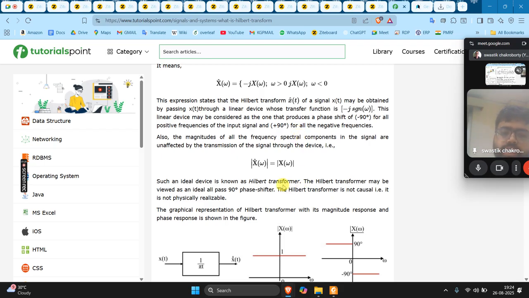Such an ideal device is known as the Hilbert transformer. The Hilbert transformer may be viewed as an ideal all-pass 90-degree phase shifter. So it phase shifts by 90 degrees and it passes all the magnitudes.